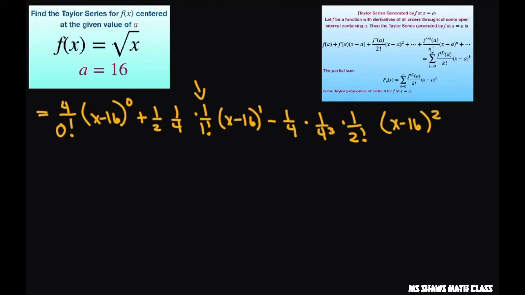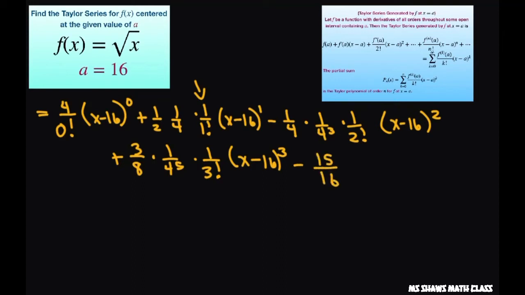Then we have a plus 3/8 times 1 divided by 4 to the 5th times 1 divided by 3 factorial times x minus 16 cubed. Then we have minus 15 divided by 16 times 1 divided by 4 to the 7th power times 1 divided by 4 factorial times x minus 16 to the 4th power.